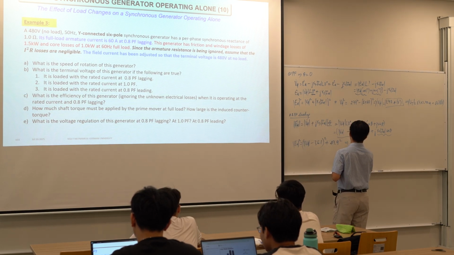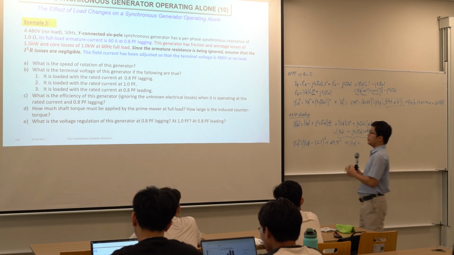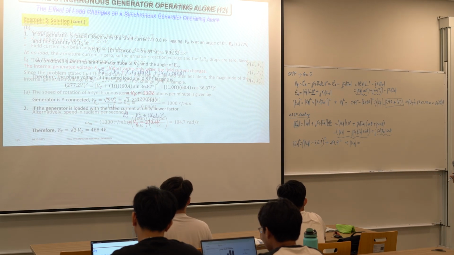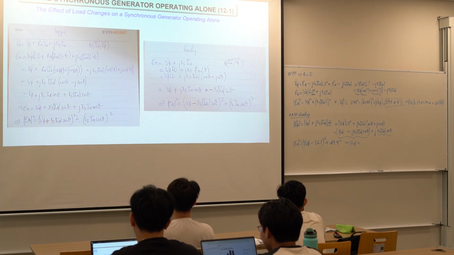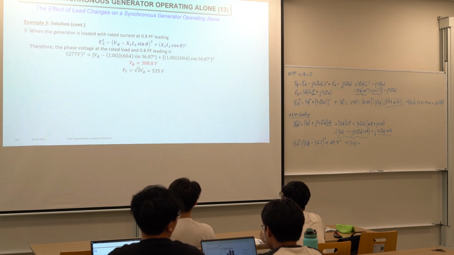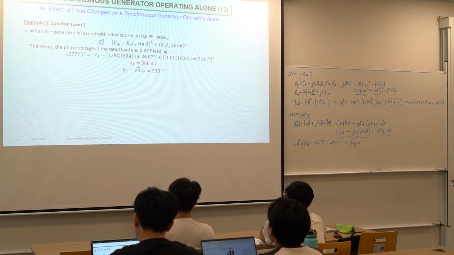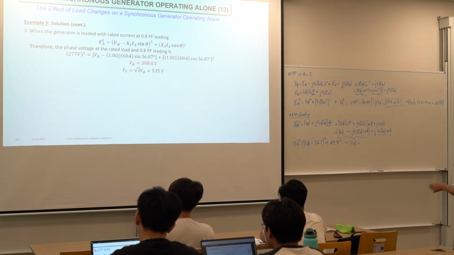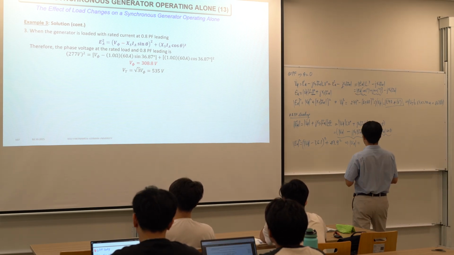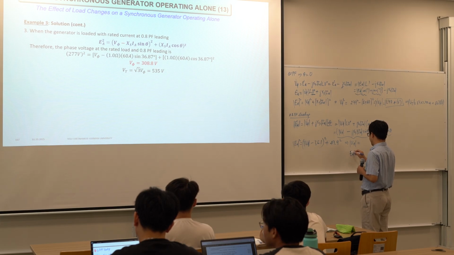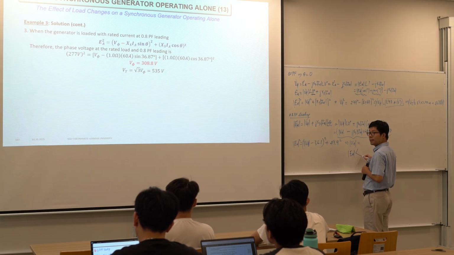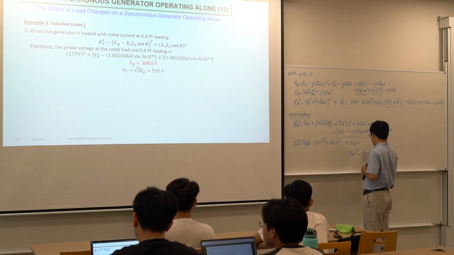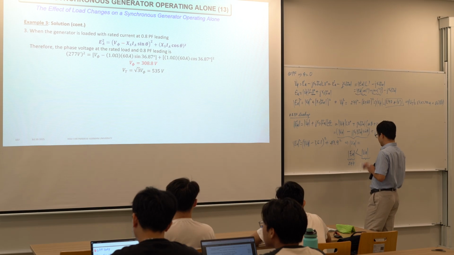Now you can get V phase. Please help me, how many? We hope we get 308.8. We hope. Because this is leading, this leading shows EA should be less than V phase. And EA here is 277. So we find how many?